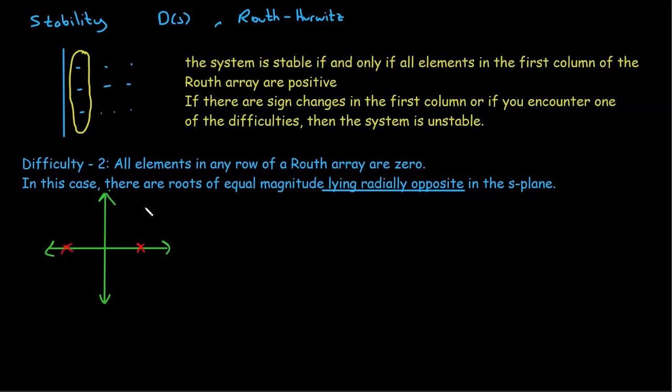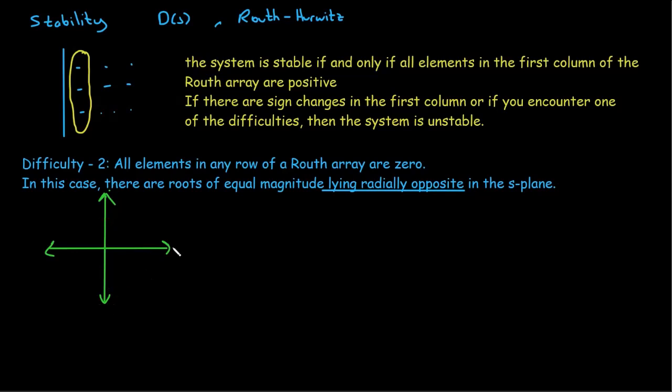In this case, the system is unstable because of the pole on the right half plane. Another case can be that you might have purely imaginary complex poles, which lie radially opposite in the S-plane. Since we have poles on the imaginary axis, the system is again unstable.